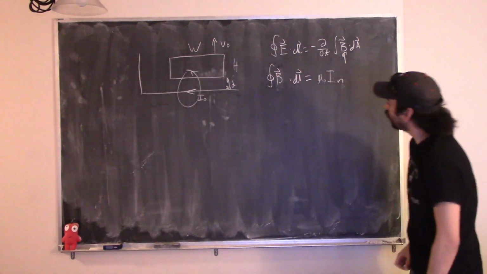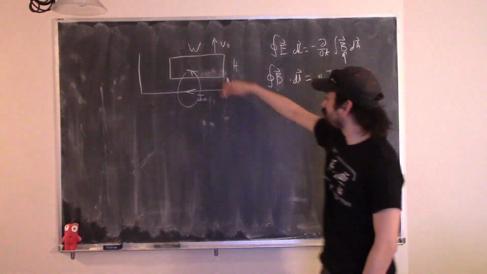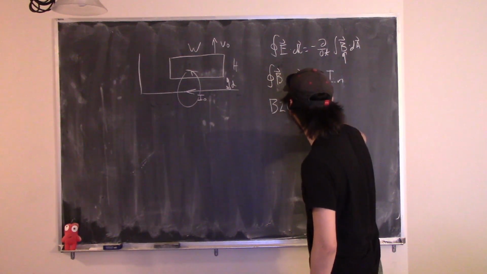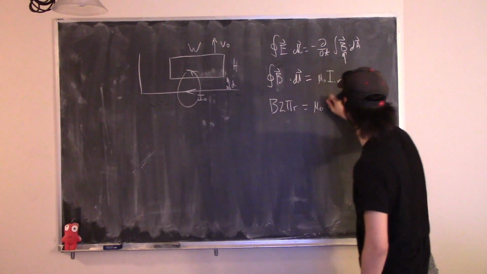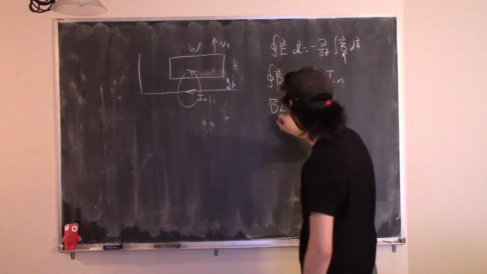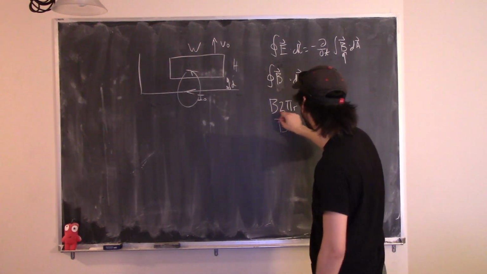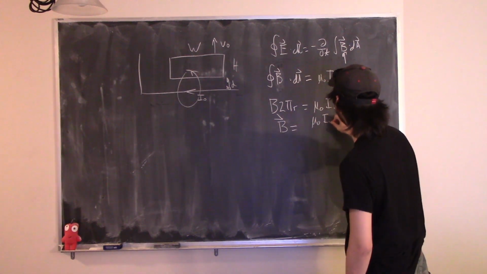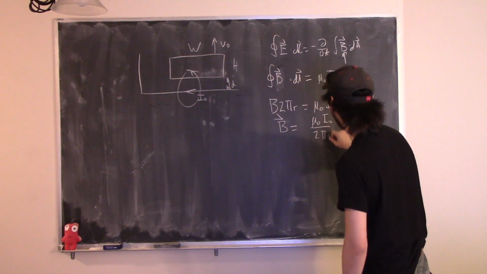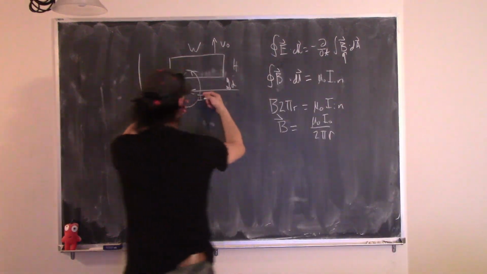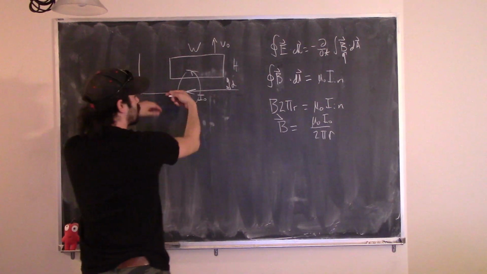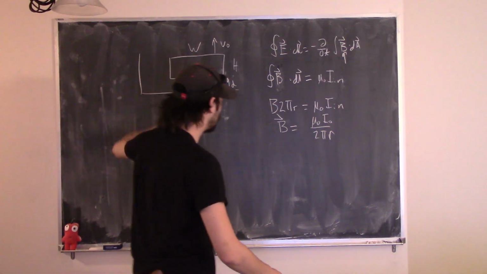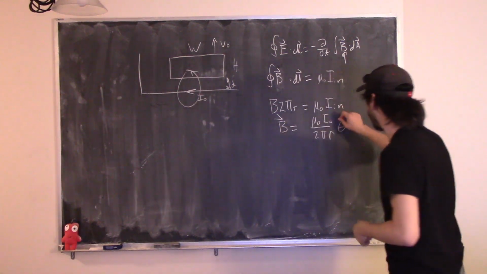Okay. So the integral around this loop of B dot dl is going to end up giving me B times 2 pi r, which is going to be equal to mu naught times I in. So we can solve for this magnetic field, and then the B vector is going to be equal to mu naught I0 divided by 2 pi r, because this I0 is going to be the current that's passing through the loop. Now I wrote a vector sign here, and typically what I'll end up doing is saying that this is some theta hat.